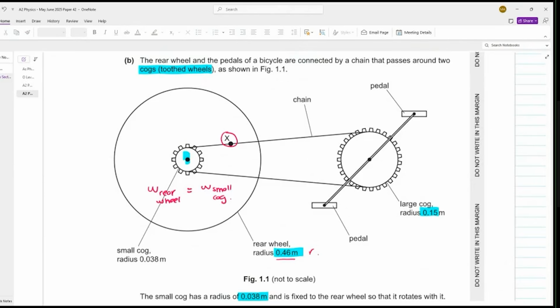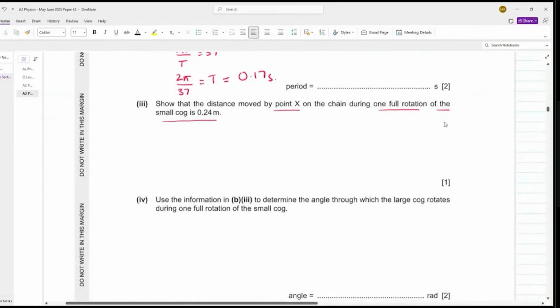If the small cog performs one revolution, what distance will it cover? It will cover a distance equal to the circumference of the small cog, that is 2 pi r. What is the radius of the small cog? 0.038. So let's write it here. The distance will be equal to the circumference 2 pi r. The radius is equals to what?